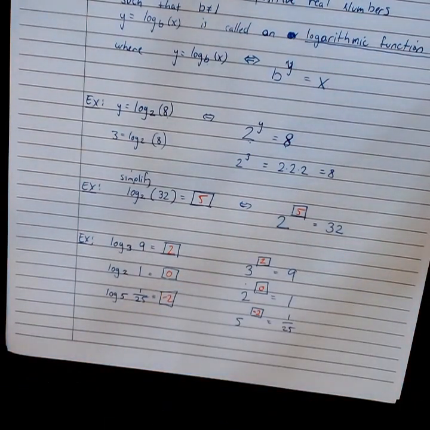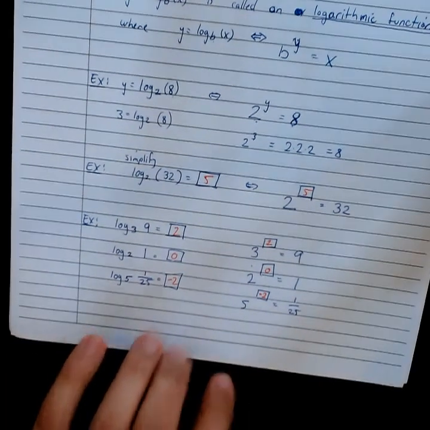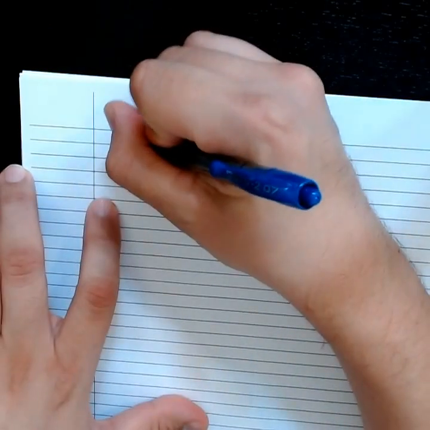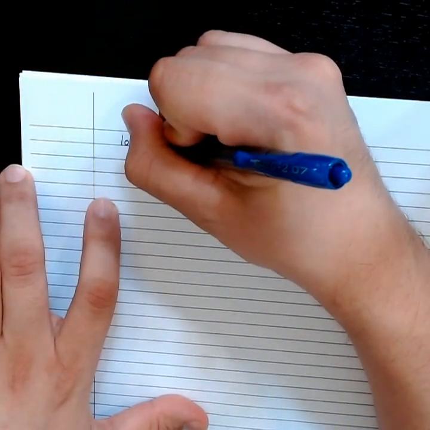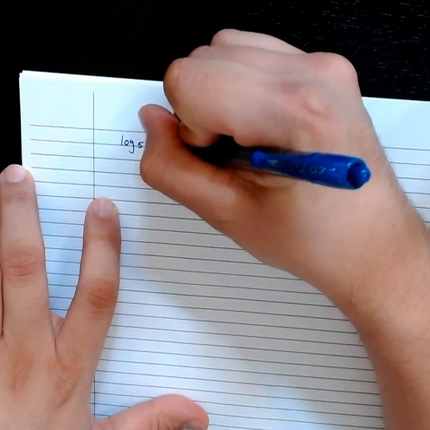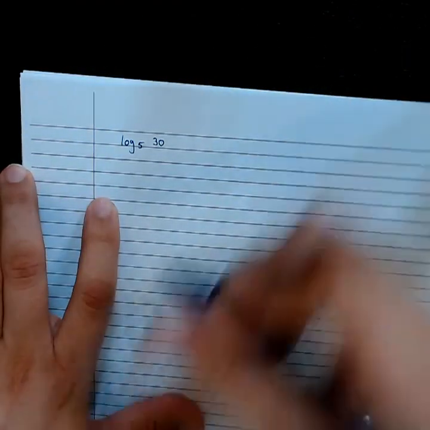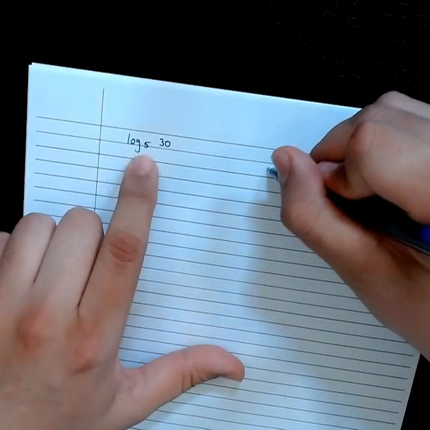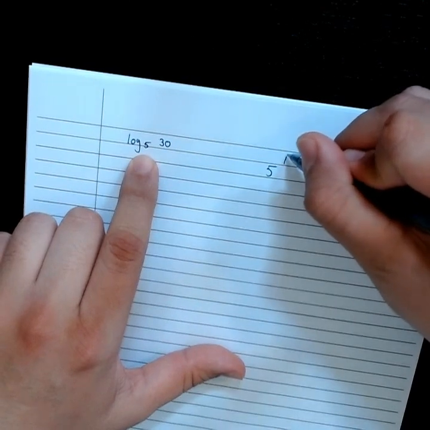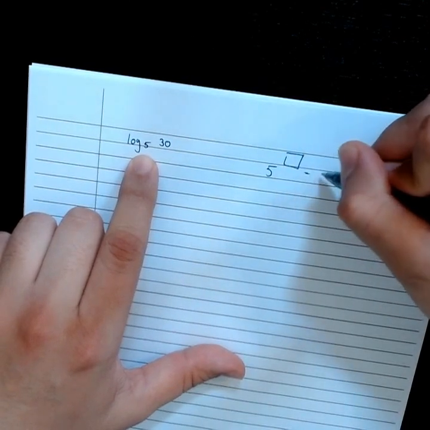Now, this seems straightforward enough until you realize there's a bunch of numbers that you can't really do that with. For example, if I want the log base 5 of 30, that means I'm going to take the number 5 and raise it to some power to give me the number 30.